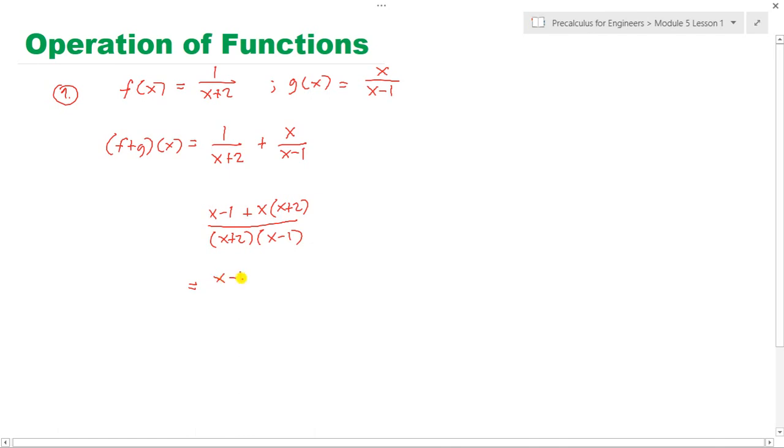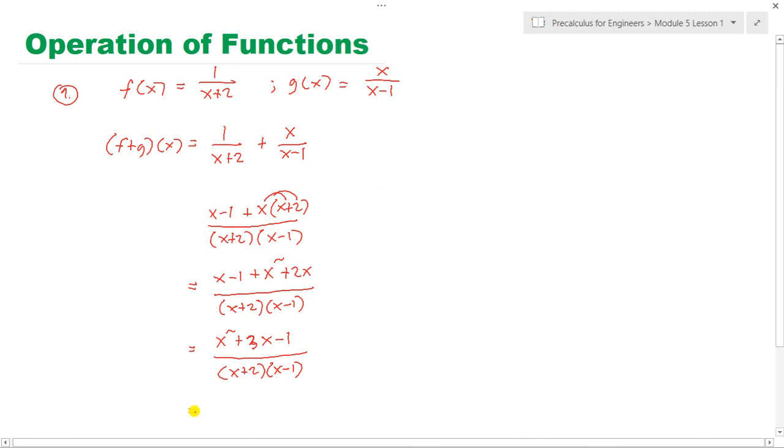So we have x minus 1 plus, distributing on the parentheses, x squared plus 2x, all over x plus 2 times x minus 1, and then rearranging the numerator. So we have x squared plus 2x and x can be combined, so that would now be 3x minus 1 all over x plus 2 times x minus 1.